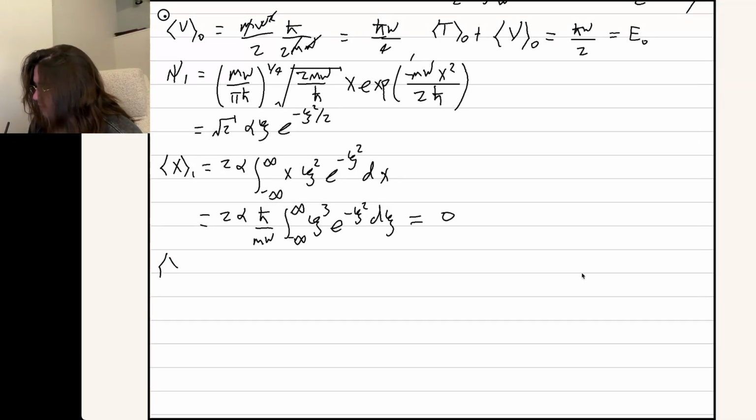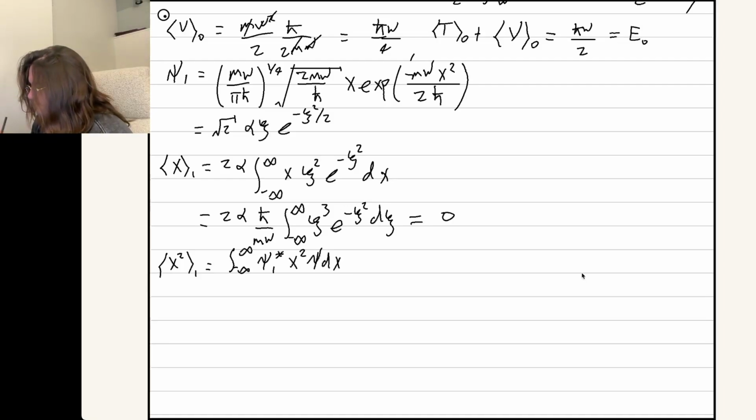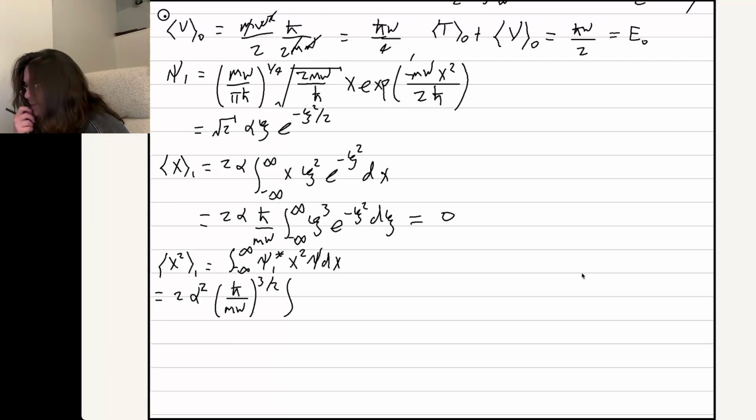Now we need to do the expectation value of x squared, which, as you know, is psi 1 star x squared psi dx. For us, that is going to look like 2 times alpha squared times h bar over m omega to the 3 halves, because we have to convert both of those powers of x into xi and also dx into dxi.